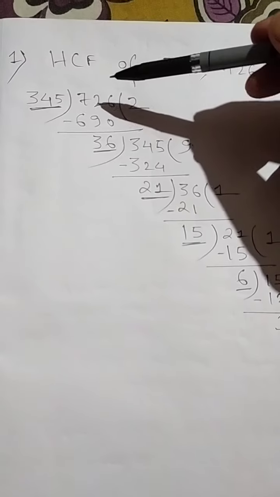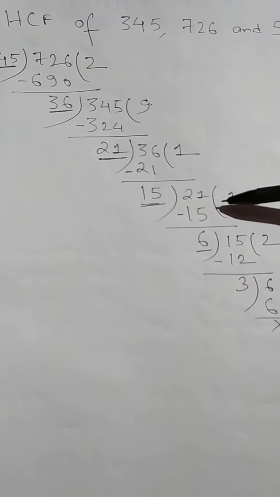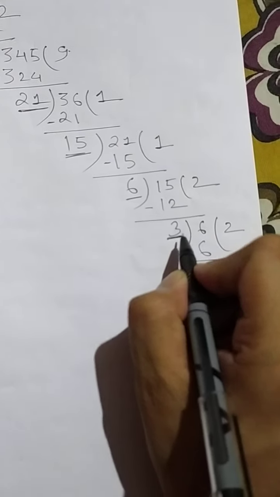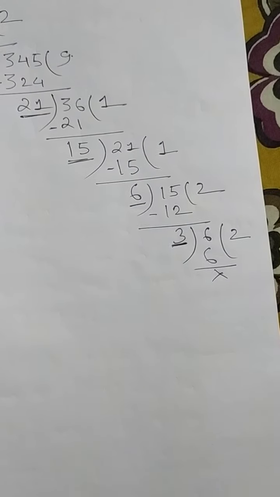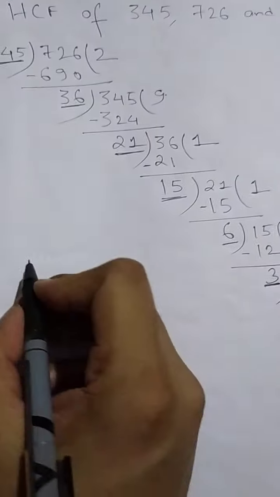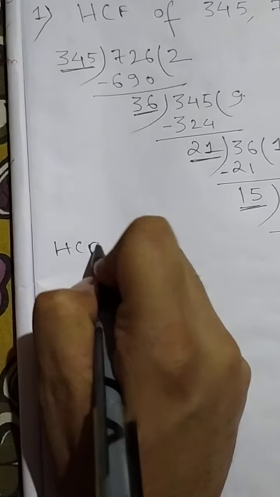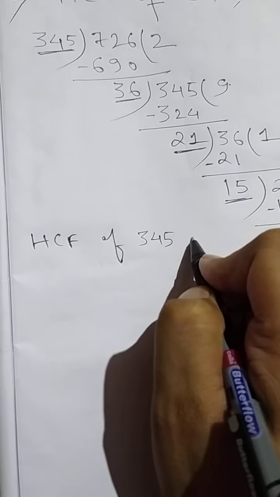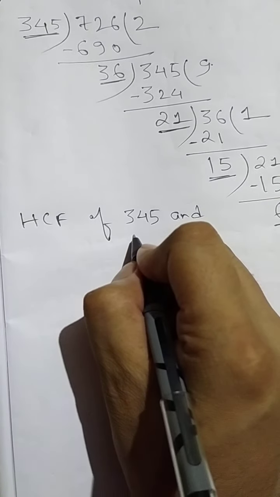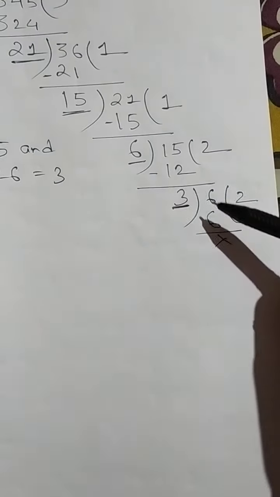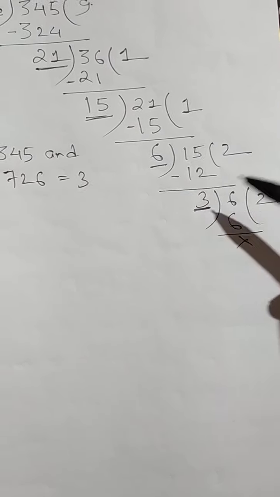So this is going like this way. So the last divisor, this is the last divisor. This is the HCF of 345 and 726. So you can write here HCF of 345 and 726 equals to 3. Remember, the last divisor is the HCF.